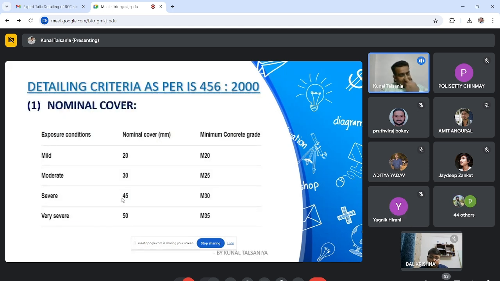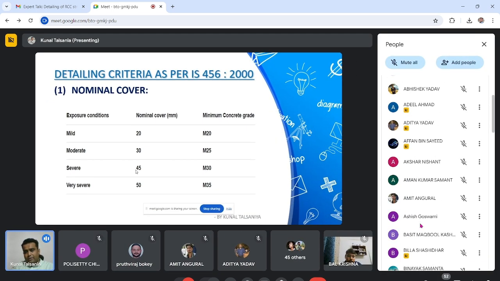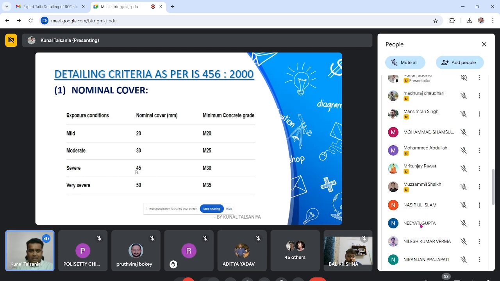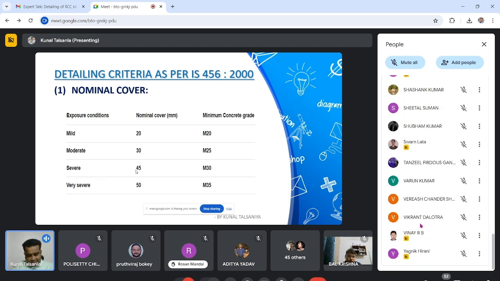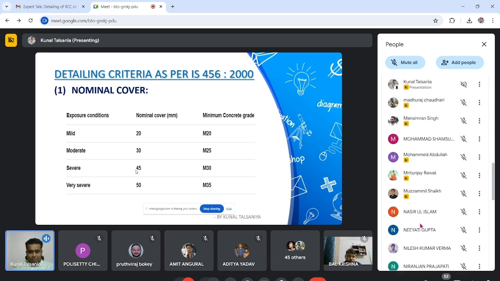Okay, so detailing criteria as per IS 456:2000. What detailing criteria need to be taken care of when we are designing any type of structural element? If you refer to IS 456, they have given various exposure conditions. As per the exposure condition, we have to provide the nominal cover to that particular element. This is the table from IS 456.